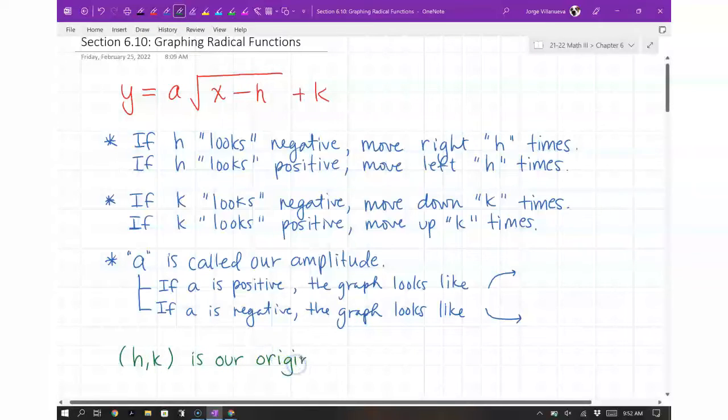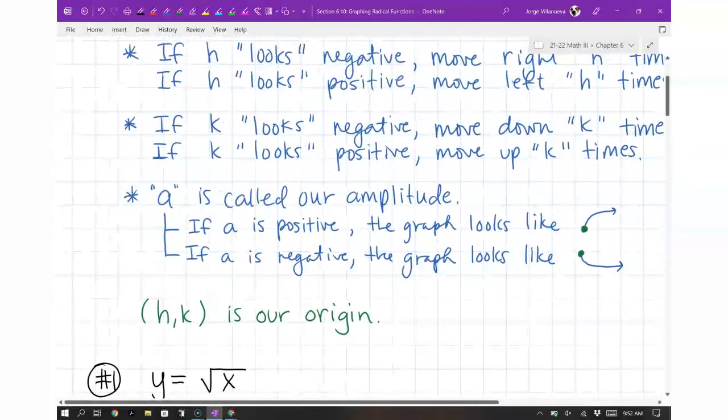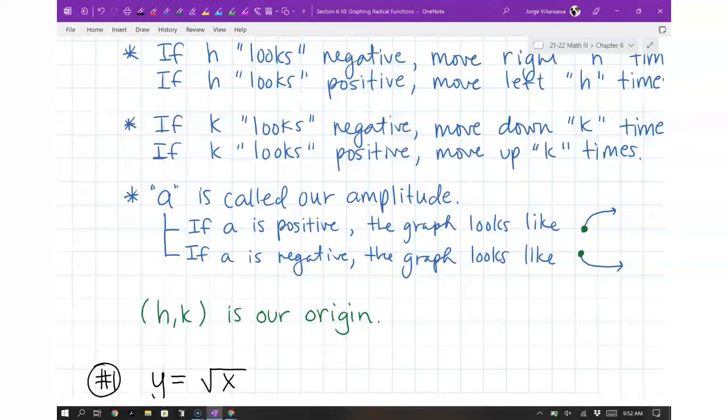In other words, where it starts. So like in these two little graphs, I can put like a little green dot right there to say like that's the starting point of where I need it to be. Okay, so you can see right there, little dots on the graph. So HK is our origin. So the first thing you should ask yourself is, where is this thing starting from? Where is its origin? Okay, and then once you know that, you can pretty much sketch it immediately.